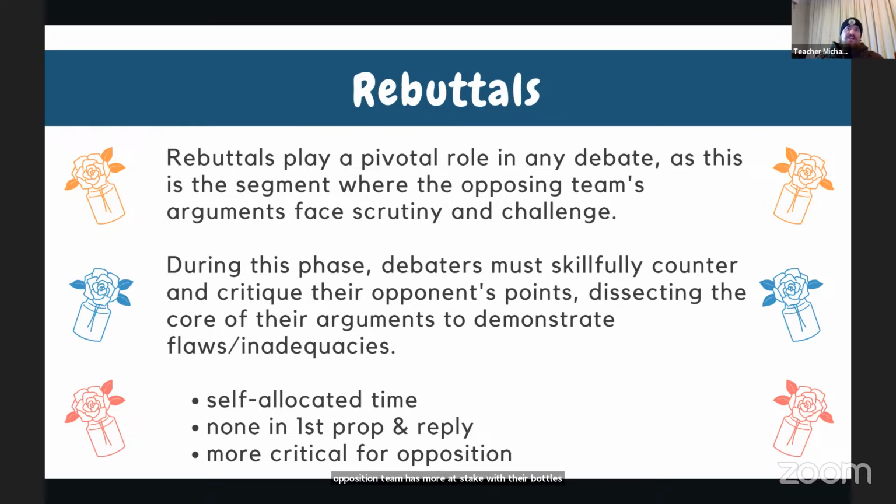Because remembering that while the proposition team wants to prove the motion is correct, the opposition team wants to prove that the proposition team are incorrect. So it's not quite the same. The rebuttals have more importance for the opposition team.